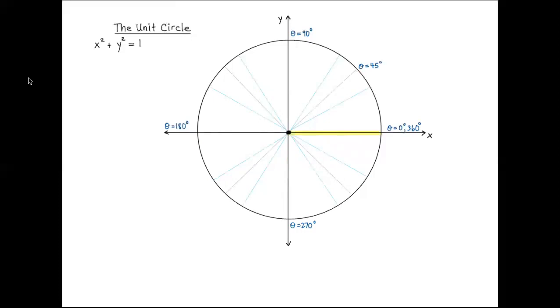The other two angles might not be so obvious unless you had a protractor to measure them, but I've tried to draw on here the special angles 30 degrees and 60 degrees, because those come up all the time. We have special triangles that deal with those angles, and they come up often, so I want to make sure we have those labeled.